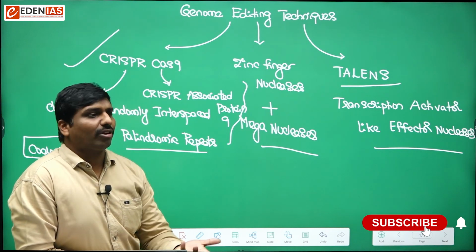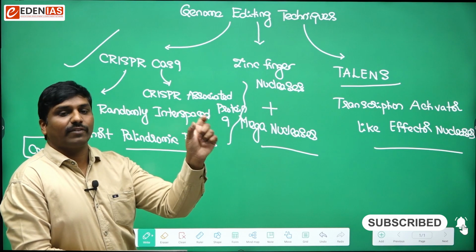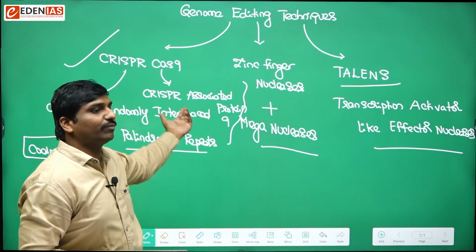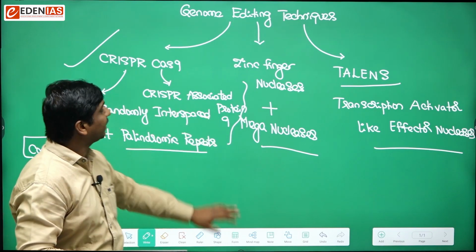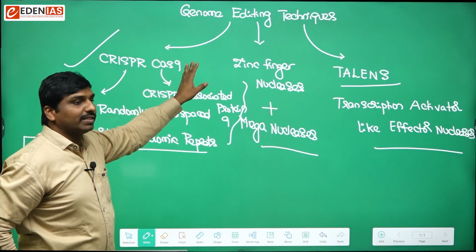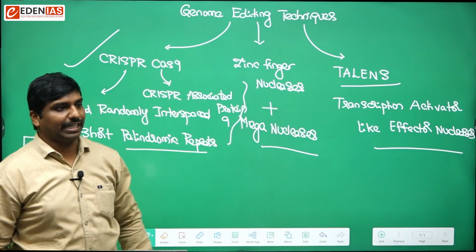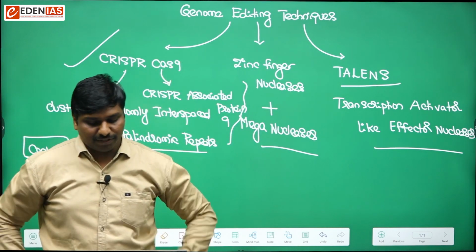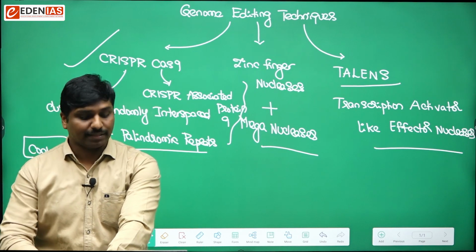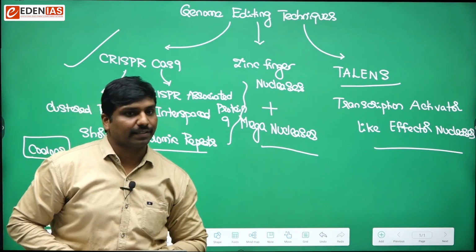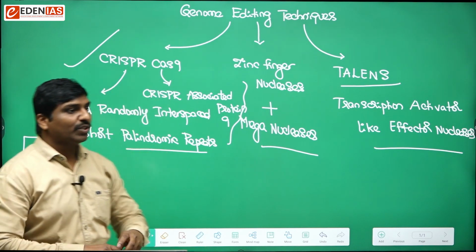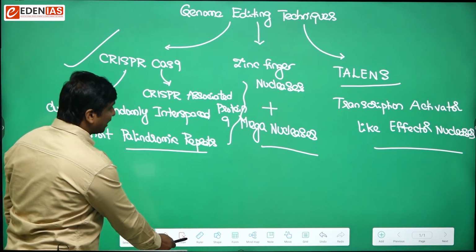The process is the same. In the place of restriction endonuclease, this will come. In this technique, Cas9 acts as molecular scissors, and in the others nucleases act like this. That is the same simple thing. These are the basic techniques that we will use. Is that clear? You have to remember these things.